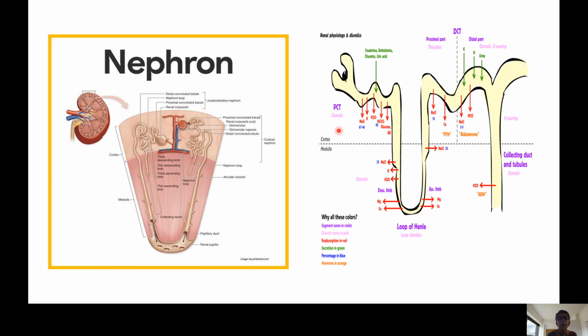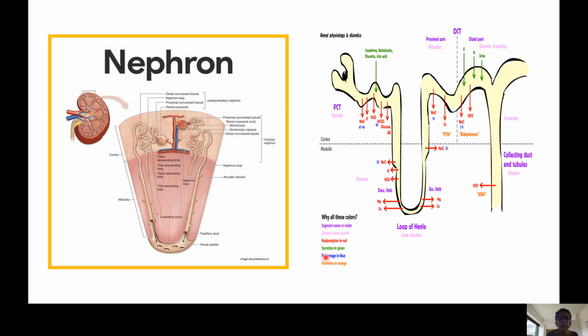A couple of these will function in a couple places, and there's a summary at the end. There's also another medication that works here at the proximal tubule, and that is Diamox. It is a carbonic anhydrase inhibitor, I believe, and it acts on the proximal tubule, if I recall correctly.